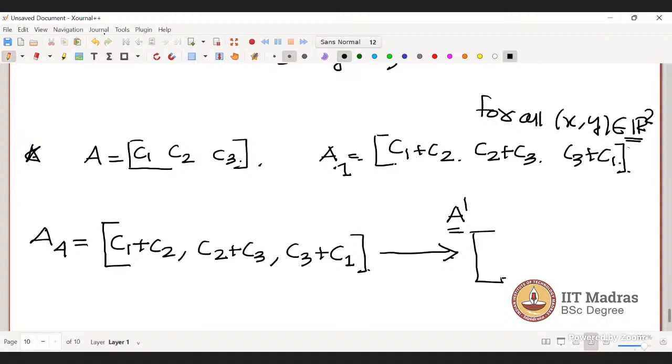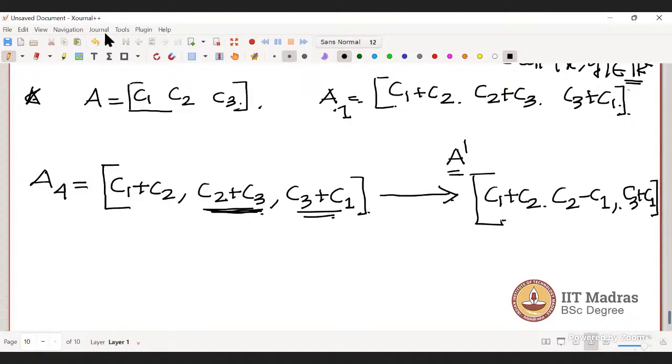So what I'll do, I'll subtract this one with this one, meaning column 1 of this matrix from column 2 of this matrix, and column 1 of this matrix, right? So what I will get: C1 plus C2, then C2 minus C1, then C3 plus C1, right?